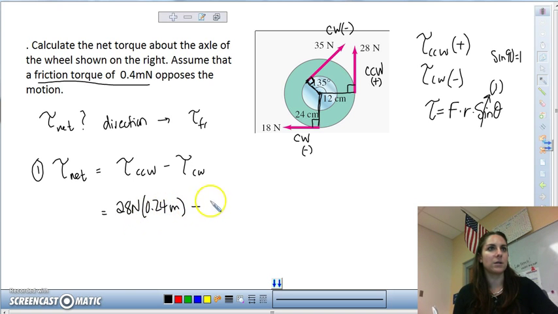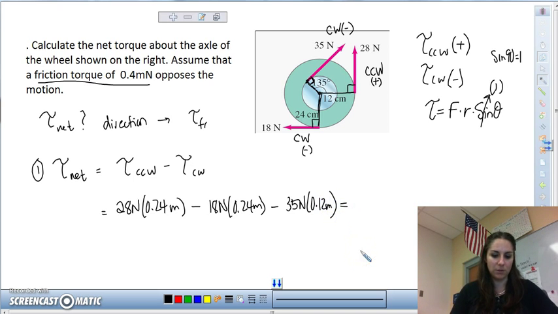Then we're going to subtract our other forces, which are counterclockwise. So if you notice, this is 0.24 away like that, and this one is 12 with a 35 Newton force, like that. So this is going to get me the net torque on my system. So I'm going to do this calculation out.